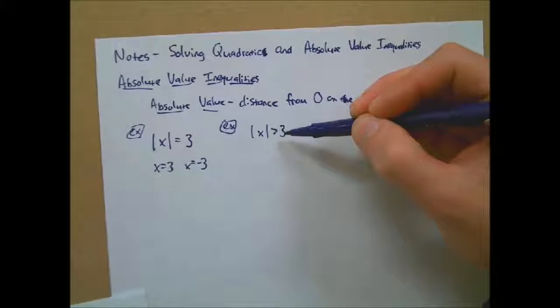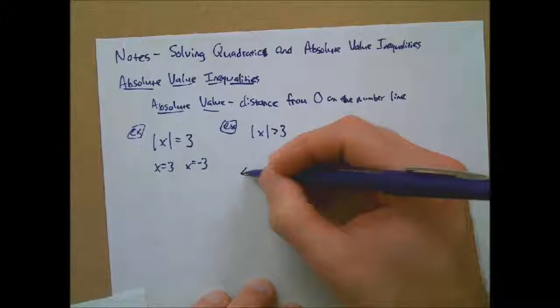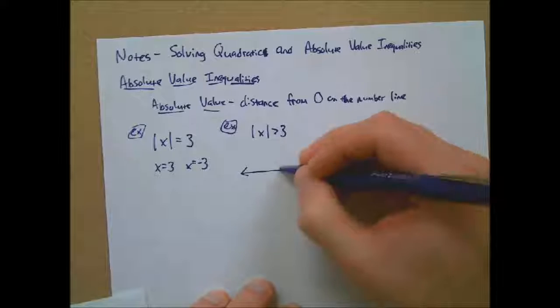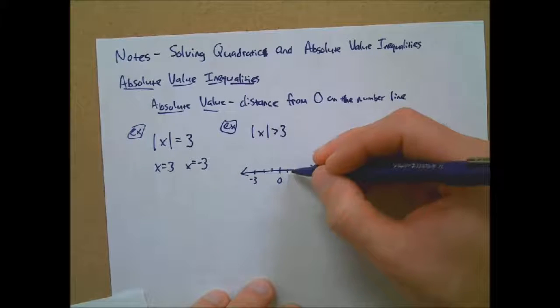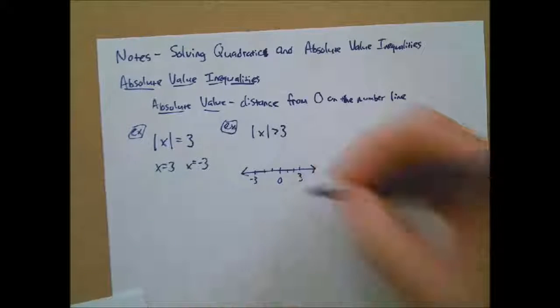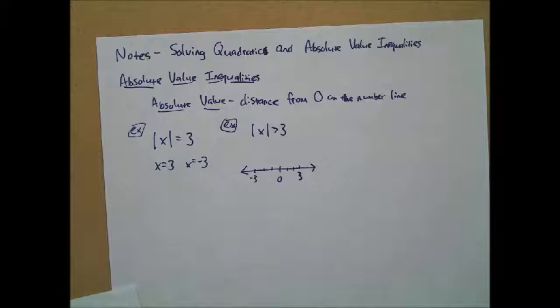So on a number line, I'll draw a little sketch here for us. There's 0, and 1, 2, there's 3, and 1, 2, 3 in this direction. Absolute value is distance from 0, and we want our solutions' distance to be greater than 3 away from 0.